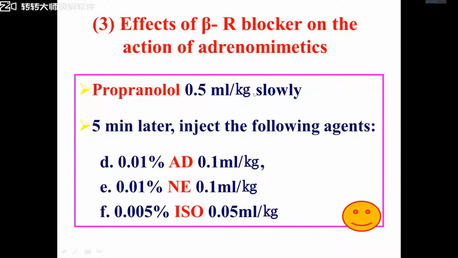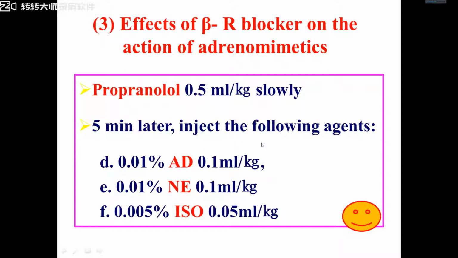So for 2 kilograms, we give 1 milliliter of propranolol by slow intravenous injection from the scalp acupuncture injector. Then you can find the beta receptor is blocked by propranolol. Blood pressure is reduced. Five minutes later, the beta receptor is blocked.